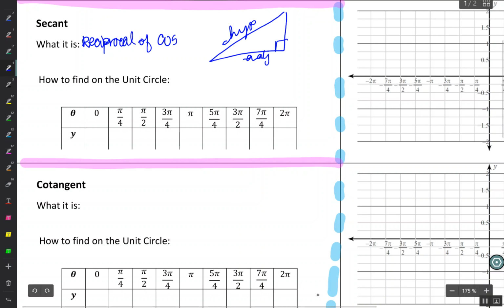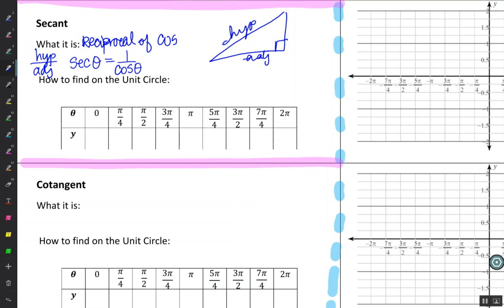So secant is going to be hypotenuse over adjacent. Okay, and we abbreviate it SEC. So secant of theta would be 1 over the cosine of theta. And vice versa. I'm not going to write them both this time, but you can flip around.